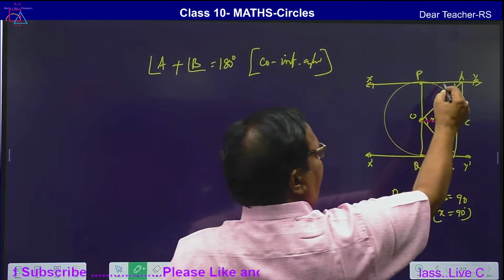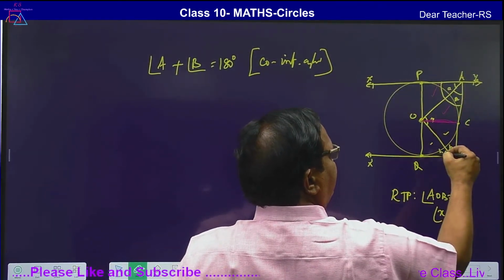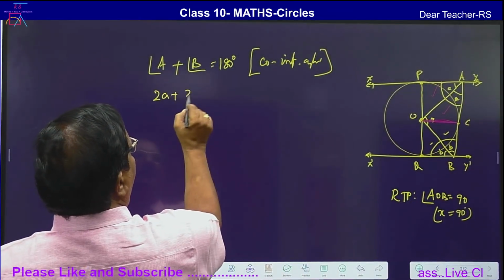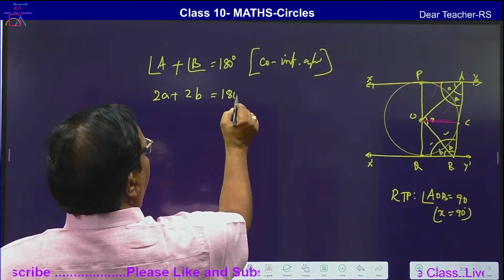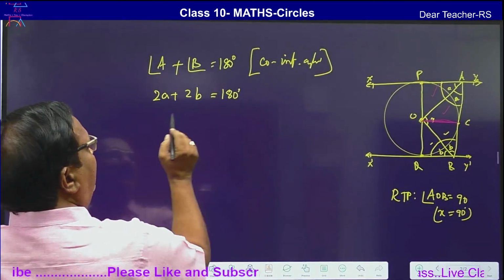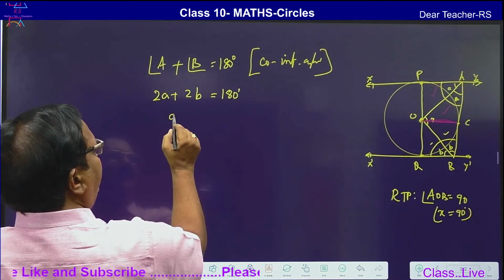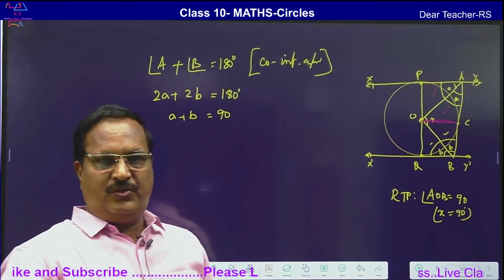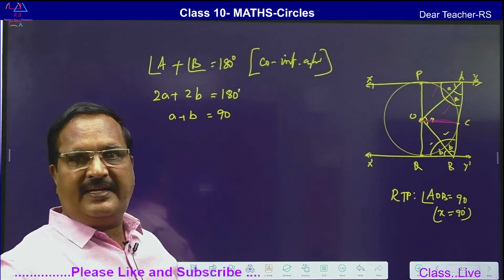That means this entire angle and this entire angle. So 2A plus 2B is equal to 180 degrees. Now cancel with 2, divide each term by 2, therefore A plus B is equal to 90 degrees.